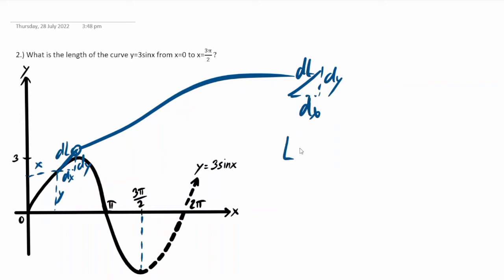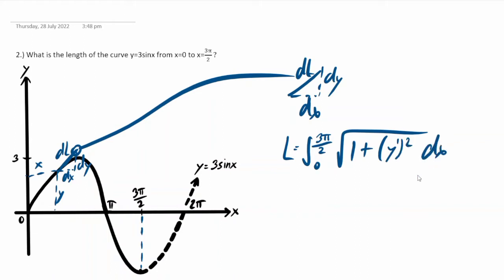Now, using the formula we derived before, we have limits of 0 to 3 pi over 2 with square root of 1 plus, we are going to be using the dx strip again, so we will be using y prime squared dx, and our limits of a to b here.